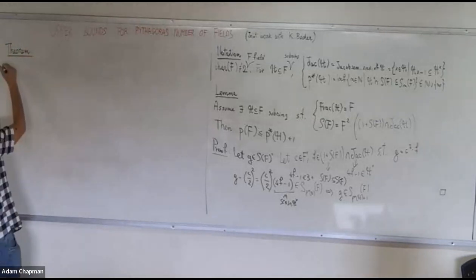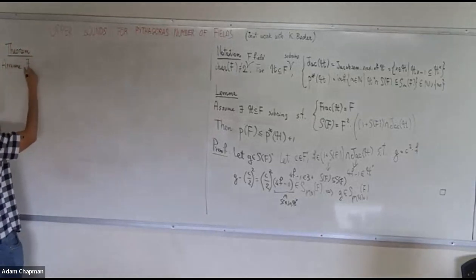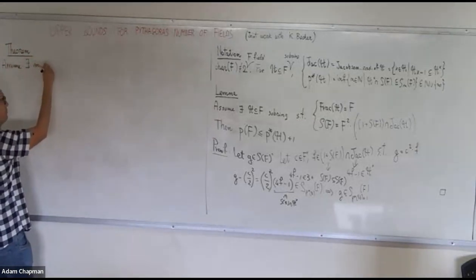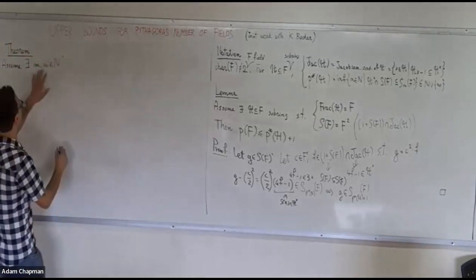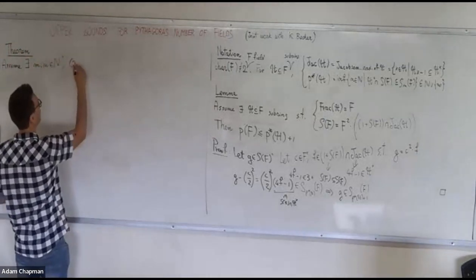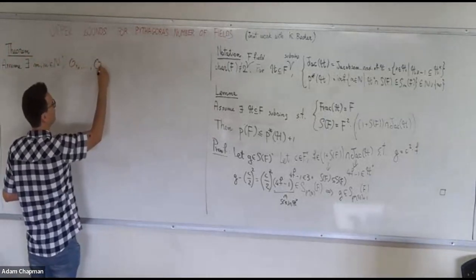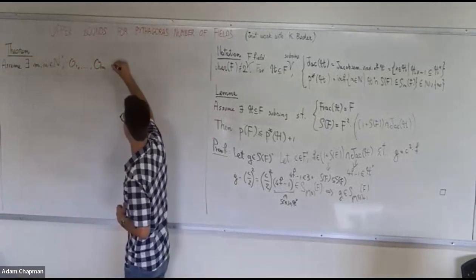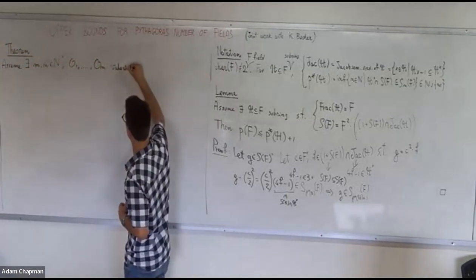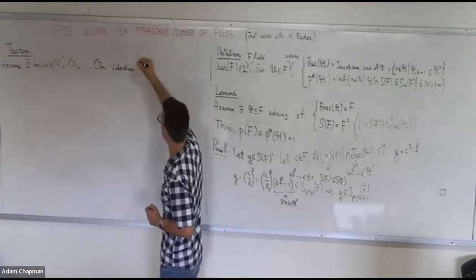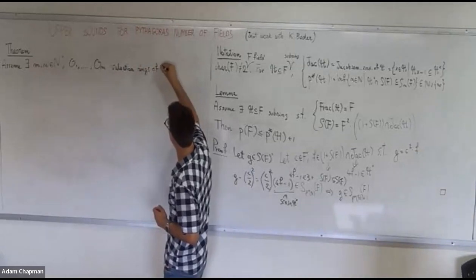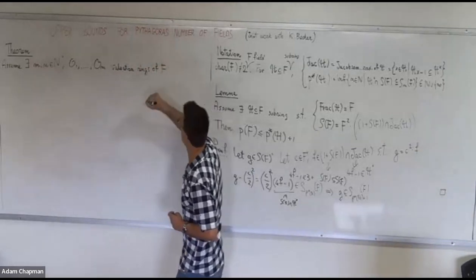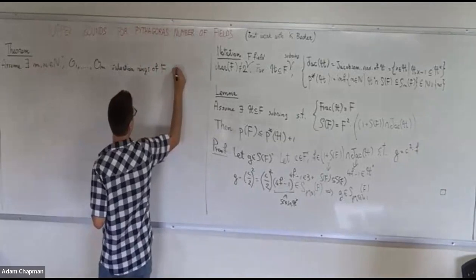Okay, so let's assume that there exist two positive integers n and a finite number of valuation rings, not necessarily discrete, just valuation rings, of S with the following properties.